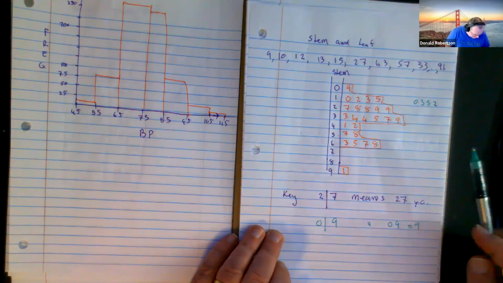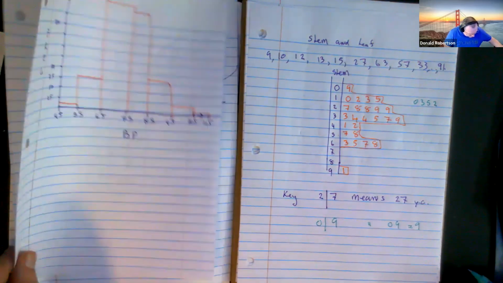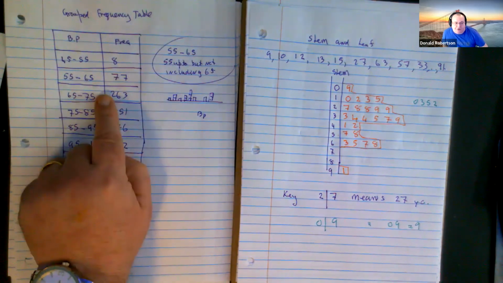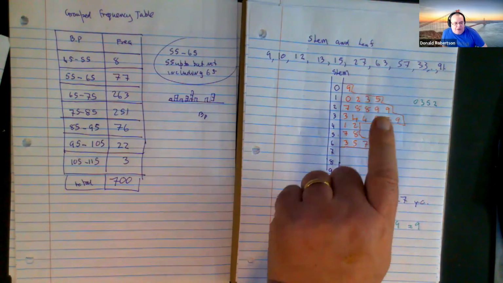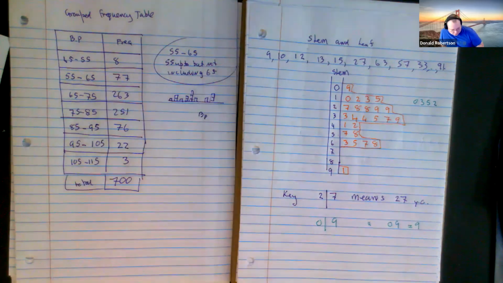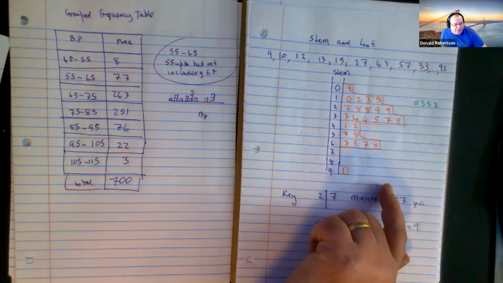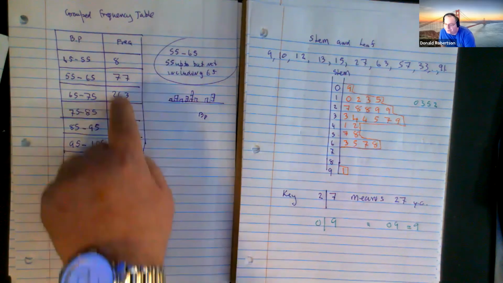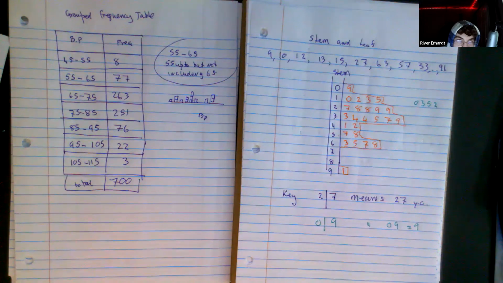So back to that question where we did this one. Remember the grouped frequency table one? This one here? The question says, why can't we do a stem and leaf using these numbers? So why can't I make one of these diagrams using this table of values, this frequency table? Any suggestions? We don't have data in that form, maybe? Yeah.